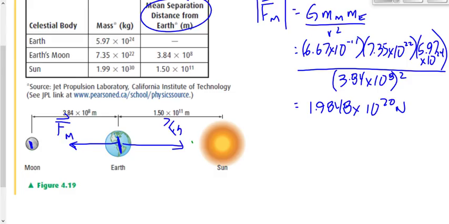You know what? I'm going to change the color on this one. I'm going to say the force of the sun on the Earth is green. Just so it's a little clearer what we're doing here. Let's say Fs. This is going to be real similar, right?